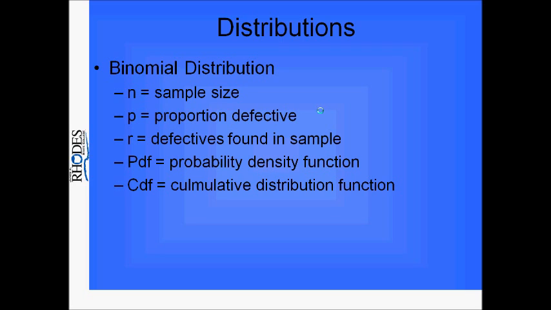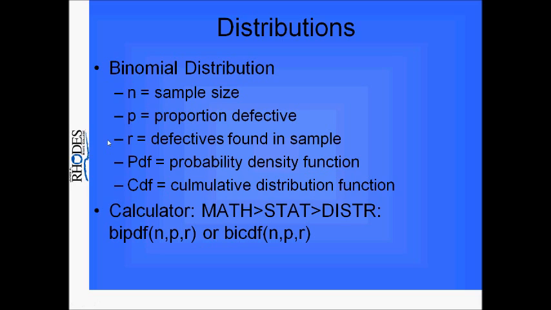So that's like something happening 2 or less times, where you would cumulate the probability of 0, 1, and 2. Your calculator does that automatically for you. It thinks from left to right, so when it calculates probability, it always starts with a probability of 0 up to the R value that you choose. And I'll show that in a minute too.